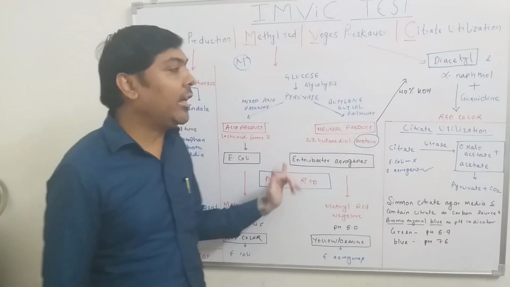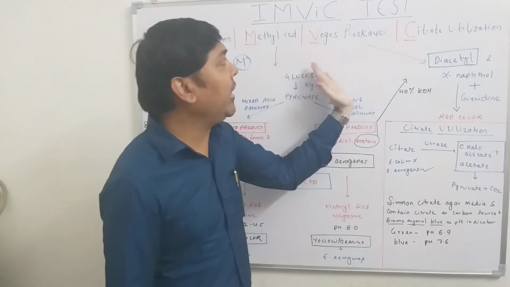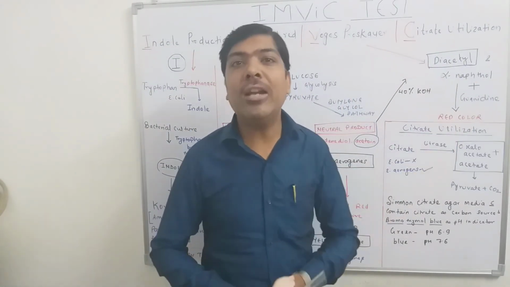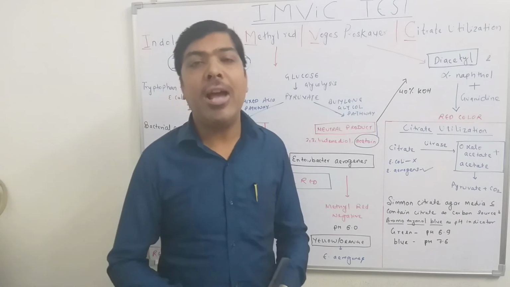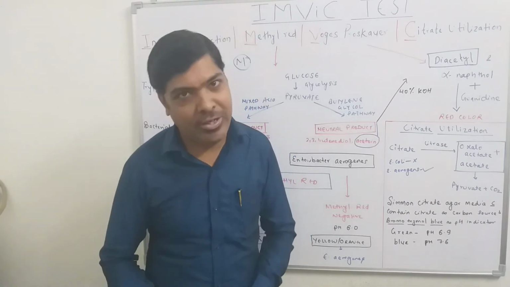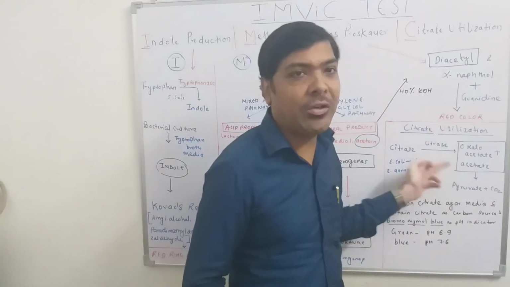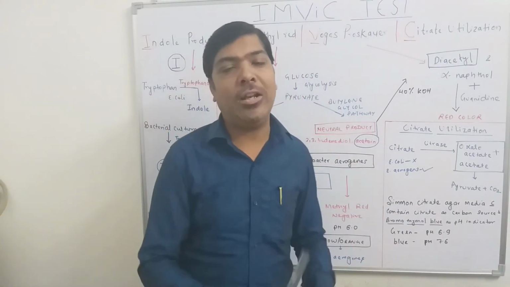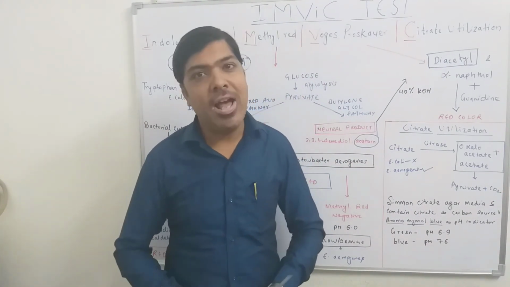But if the red color is not observed and we continue with the Voges-Proskauer test and the red color is observed, we can conclude that Enterobacter aerogenes is available. And after performing the citrate utilization test, again we can conclude that E. coli is not available, but Enterobacter aerogenes is.